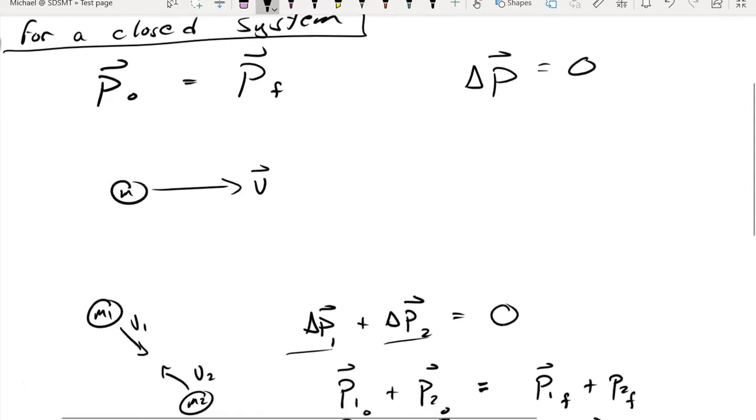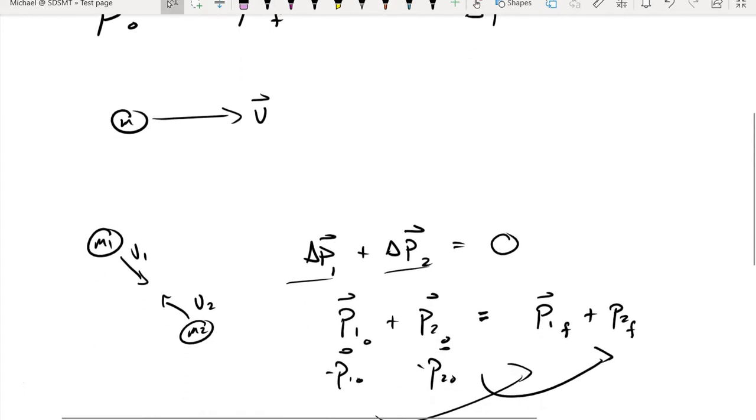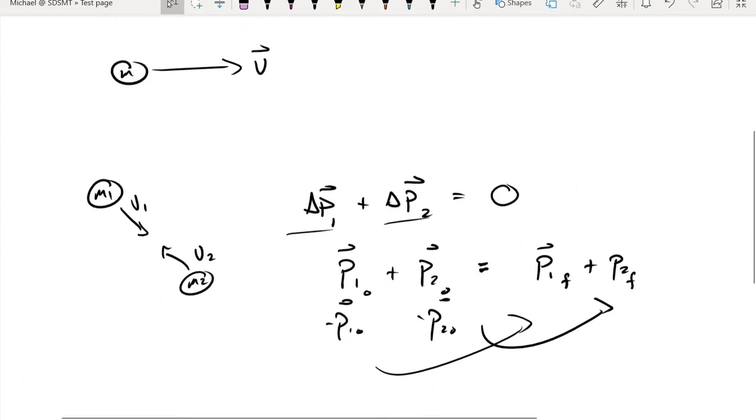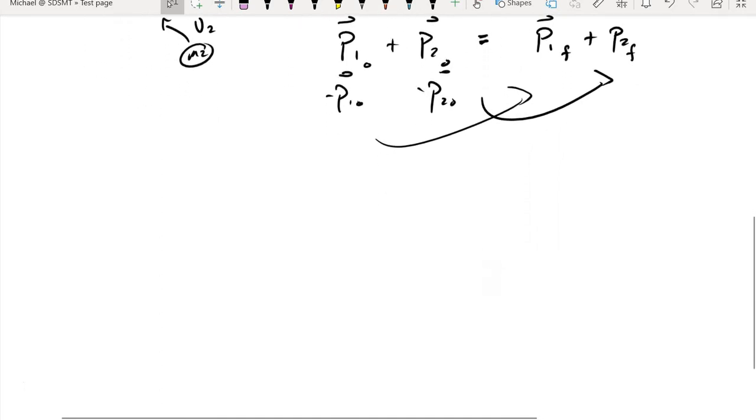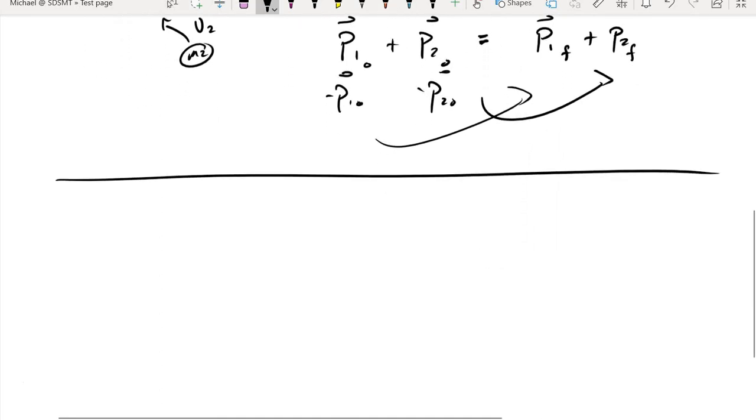But that doesn't mean that individual masses have to maintain a constant momentum. We can transfer momentum between two or more objects in a similar way that we could transfer energy back and forth from an object. So that's what we need to consider in this video: how does that momentum transfer?